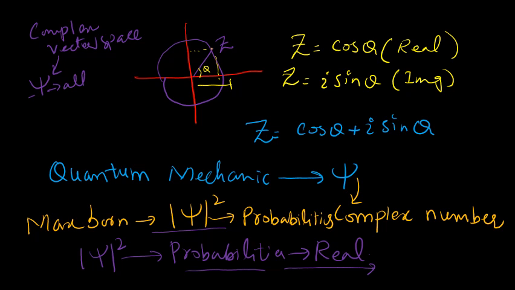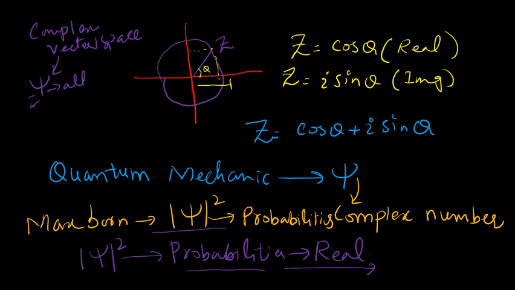A wave function is also called the state of the system, or a vector. So this space which contains all the wave functions is called a complex vector space.